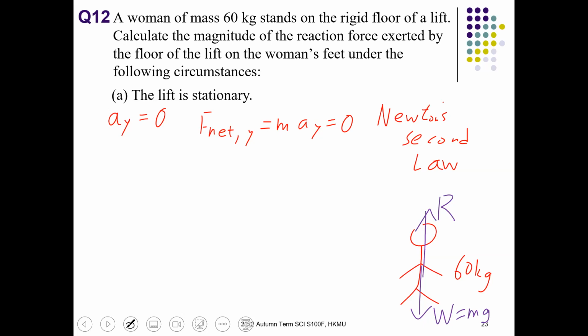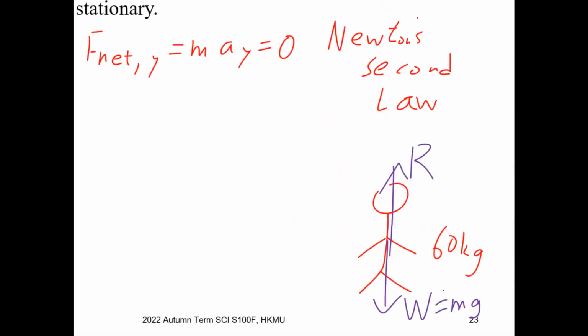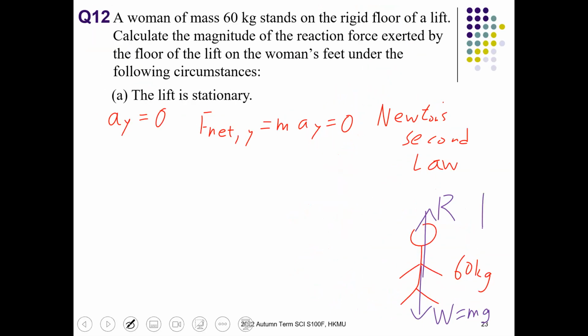Before that, we need to define the positive y direction. We can define upward or downward as the positive direction. Just say vertically upward as positive.